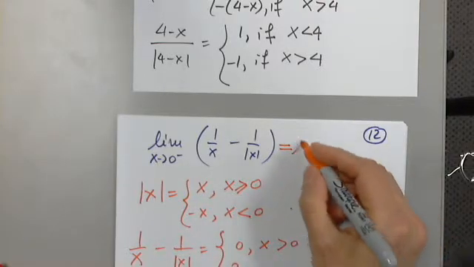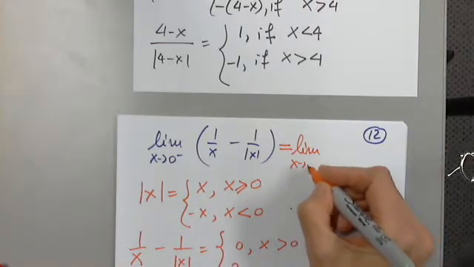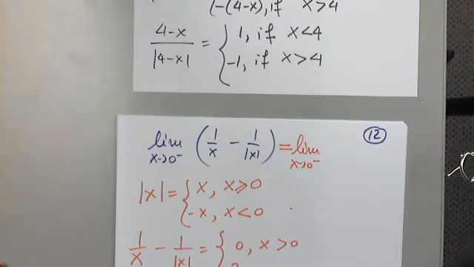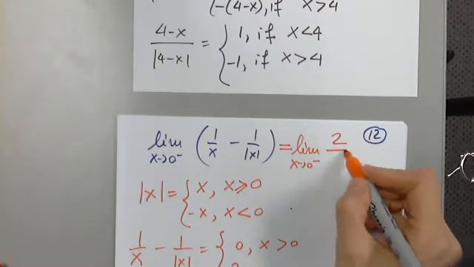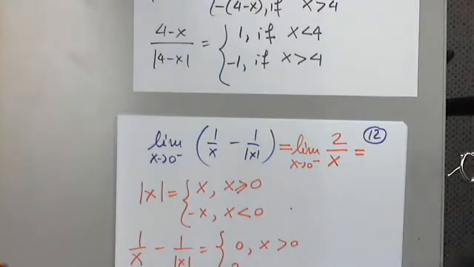Now I know exactly what the problem is asking me to do. I'm asked to find the limit as x approaches 0 from the left of 2 over x. Very good. Remember, this is a function that I asked you kindly to commit to memory. We need to remember this graph.